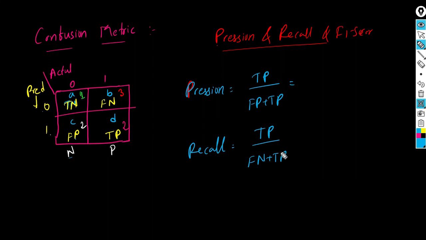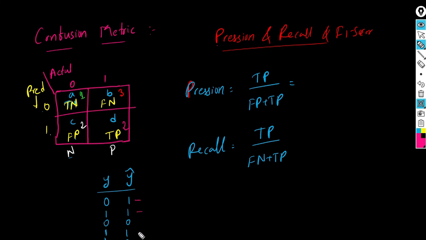Let's go with an example to get more understanding of this. Suppose we have y and y hat. Here we have 0 1 0 1 1. Suppose we have data like this. For precision, first we have to find the denominator. The denominator is predicted as positive.